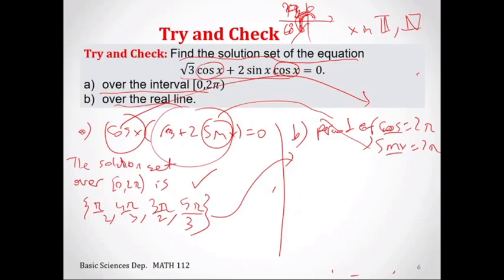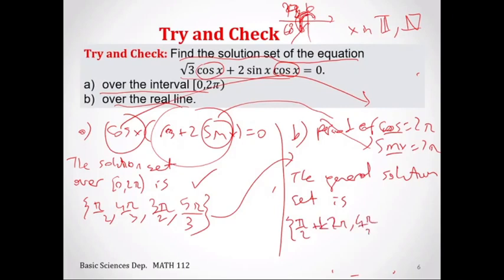I solved these equations, and now the general solution will be pi over 2 plus k 2 pi, or 4 pi over 3 plus k 2 pi. Indeed, we have to say or, okay, or 3 pi over 2 plus 2k pi, or 5 pi over 3 plus k 2 pi, and k is an integer here.